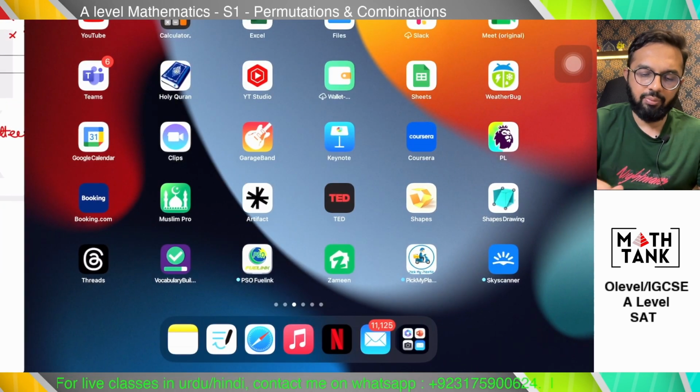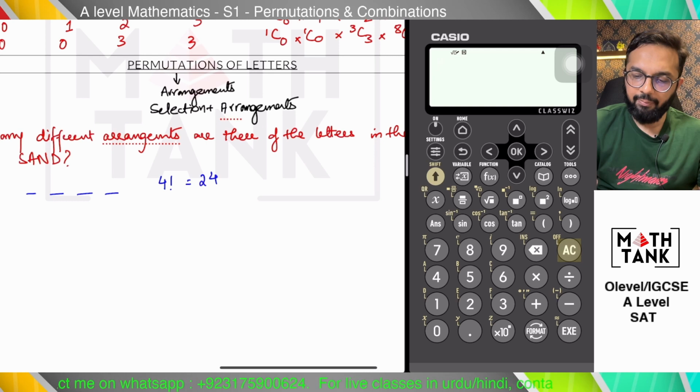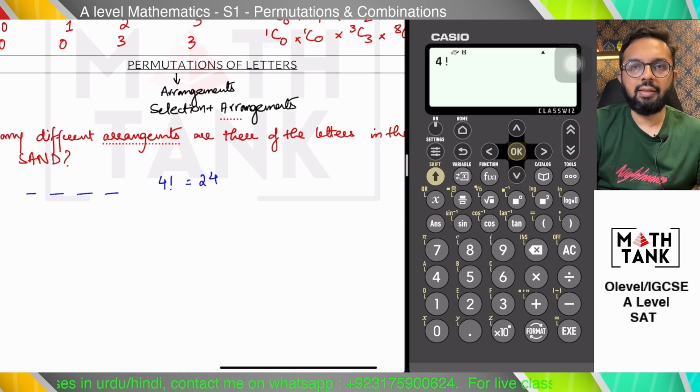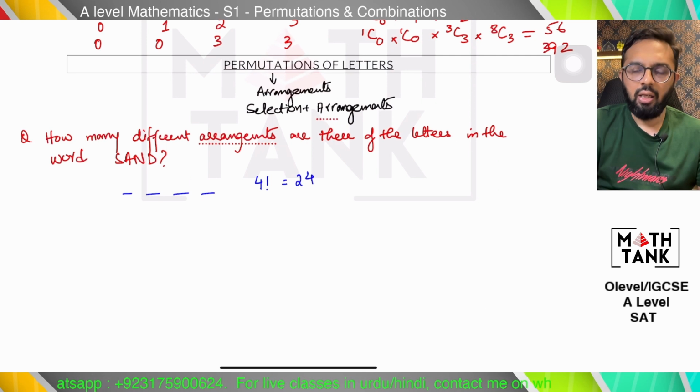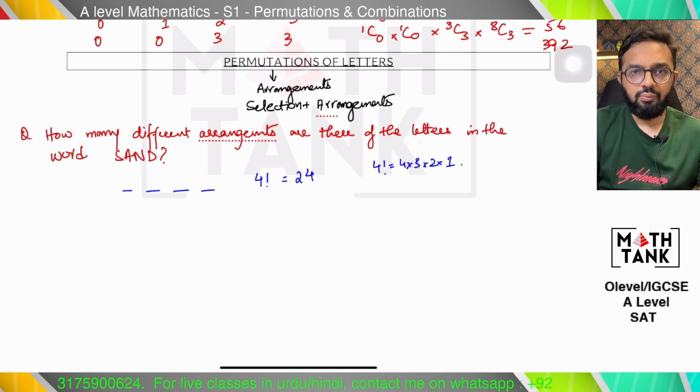In mine, I type 4, then go to catalog, probability, and here you see factorial, an exclamation mark. When you execute, you get your answer. What the calculator is doing at the back is 4 into 3 into 2 into 1.